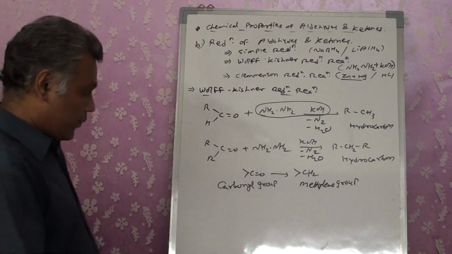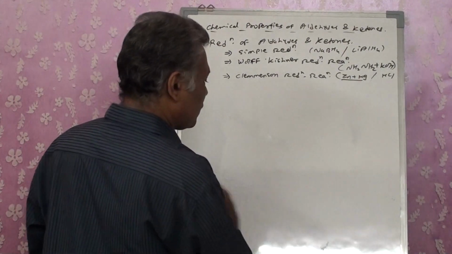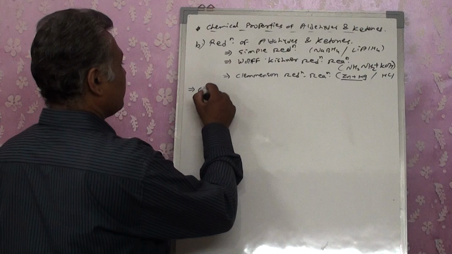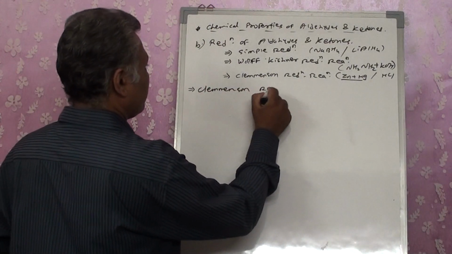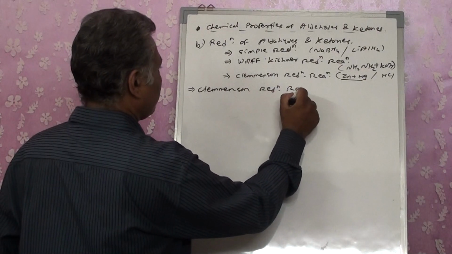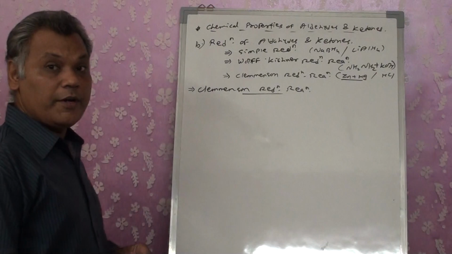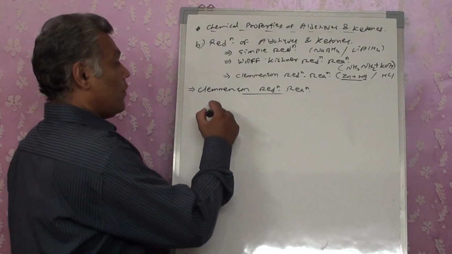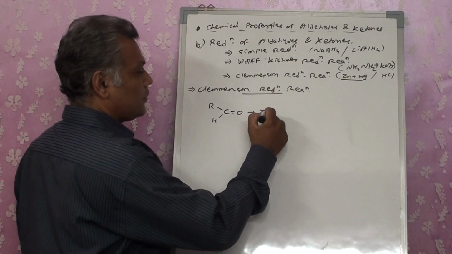Right? Okay. The third reaction that we have is the Clemmensen reduction. Now this reaction we do in acidic medium. Now see, we have a different reagent.